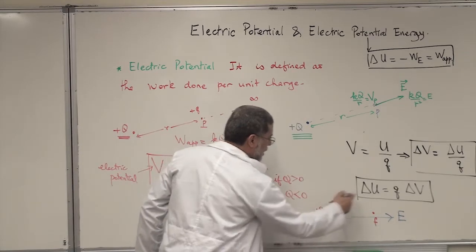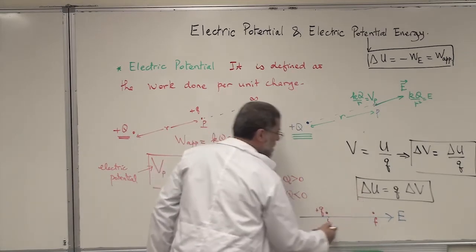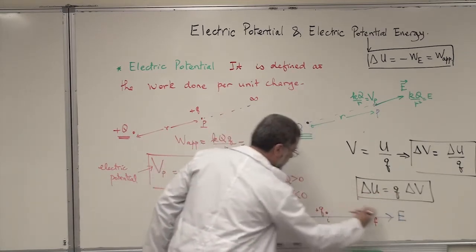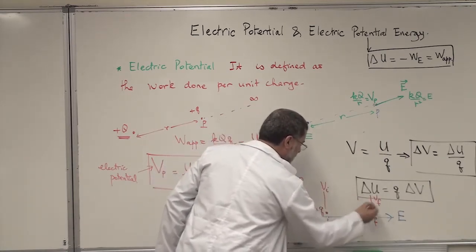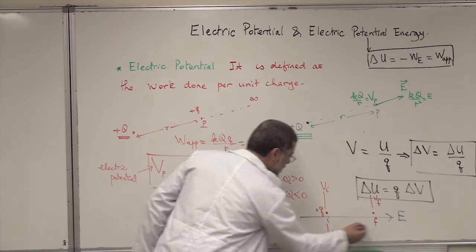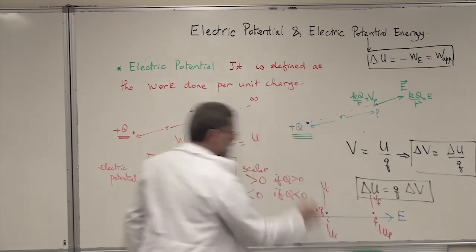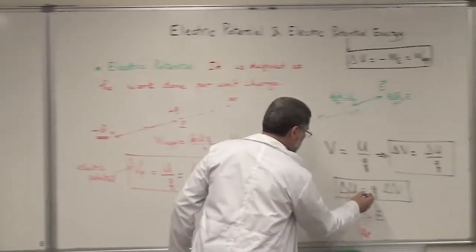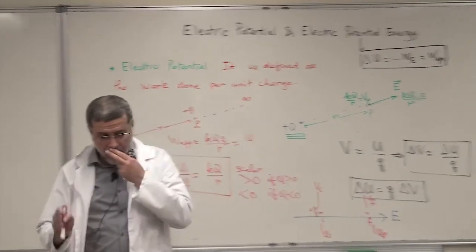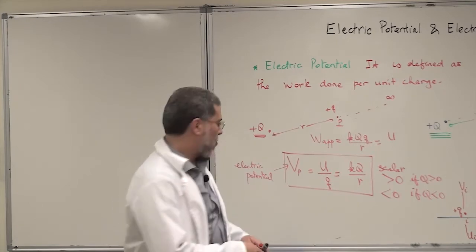So there will be a change in potential energy and a change in potential to go from here to here. Here is V initial, and here is V final, and there is U initial and U final also, and both of them are related through this equation: delta U equals q delta V. That's a very important equation.